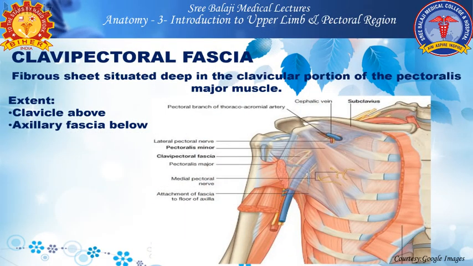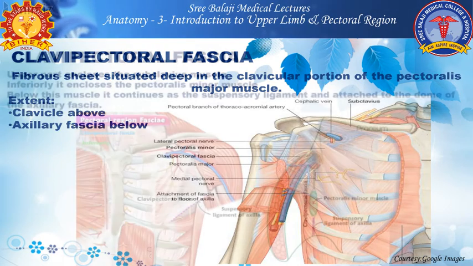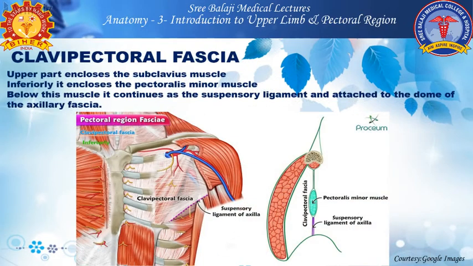Then we should know about the clavipectoral fascia. This fibrous sheet is situated deep to the clavicular portion of the pectoralis major muscle. Above, it is attached to the clavicle. Below, it is attached to the axillary fascia. The upper part encloses the subclavius muscle.